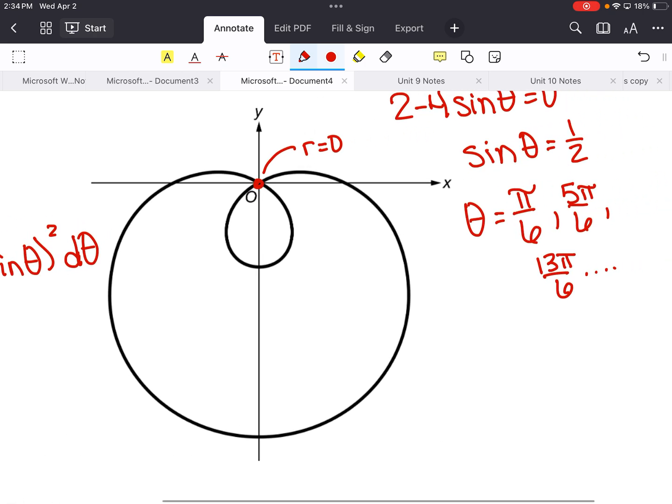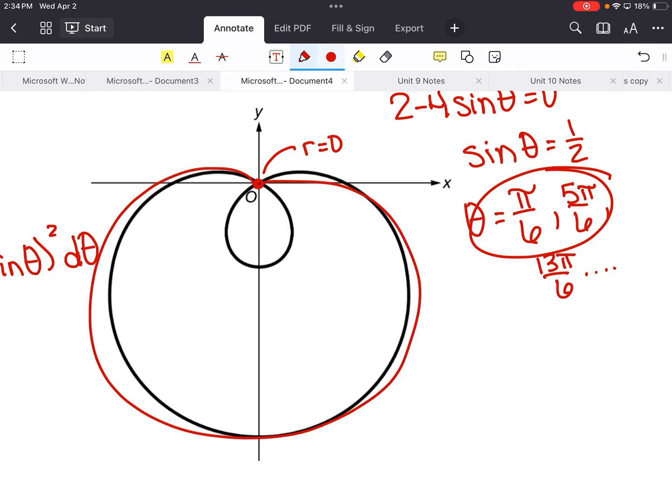So let's try these that I've got first. So I know for sure that when theta is pi over 6, I get 0. I want to pick something in between these, because I need to know if between pi over 6 and 5 pi over 6, am I getting the inside loop, which is what I want, or am I getting the outside loop, which is what I don't want?